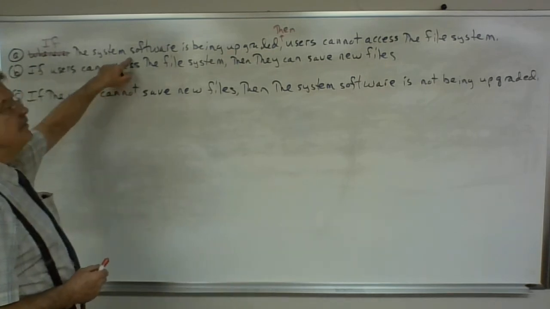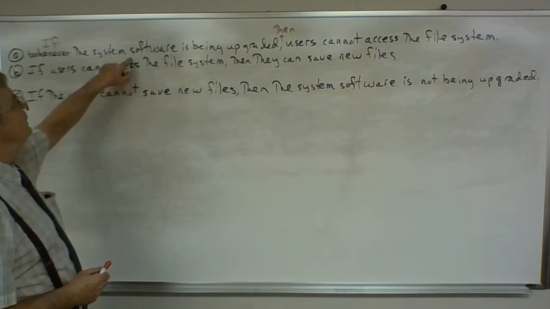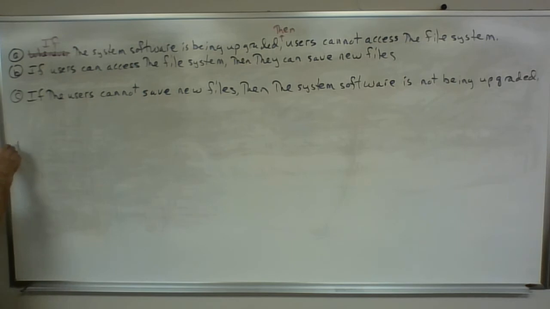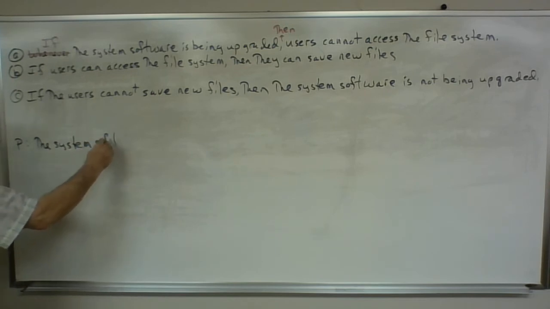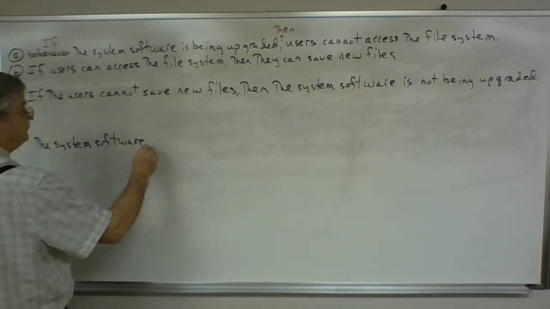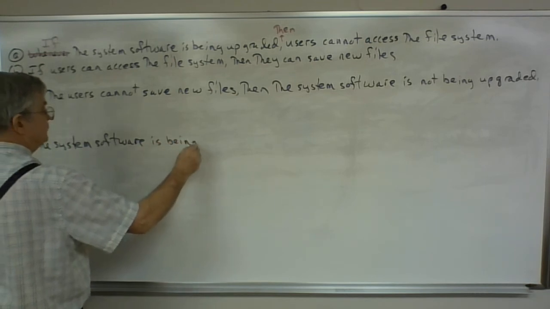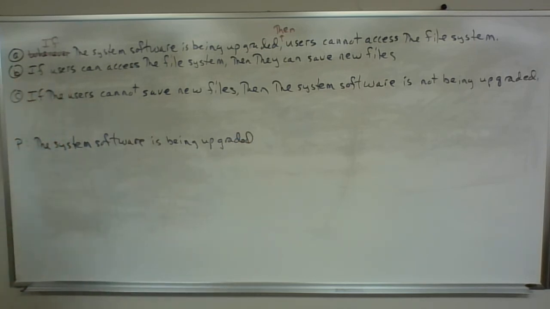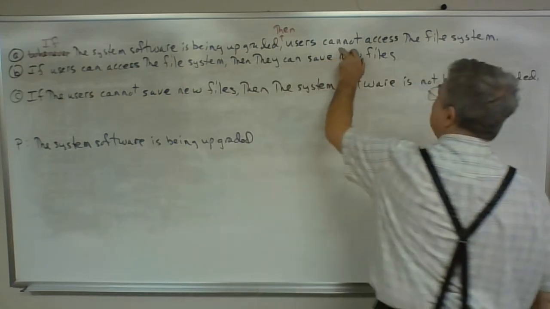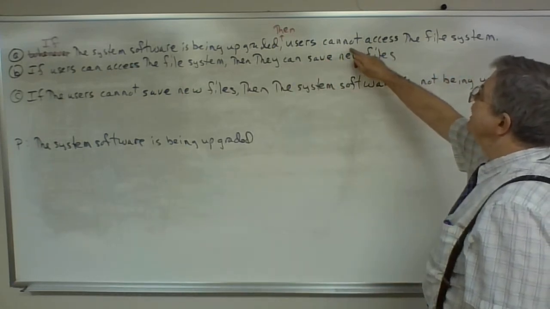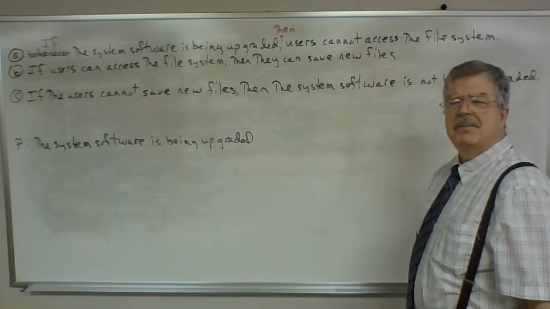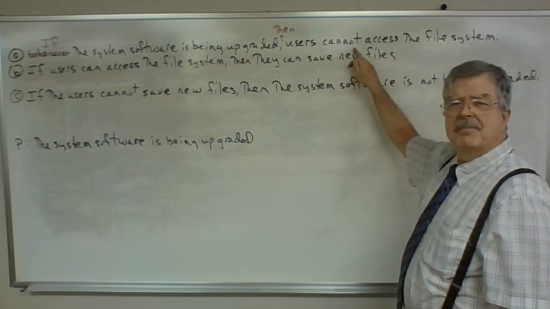The first simple proposition or statement that I see is the system software is being upgraded. So that's going to be my P. The next proposition that I see here is users cannot access the file system. Now I see the word cannot in here, so I'm going to look at this as the negation of a proposition.